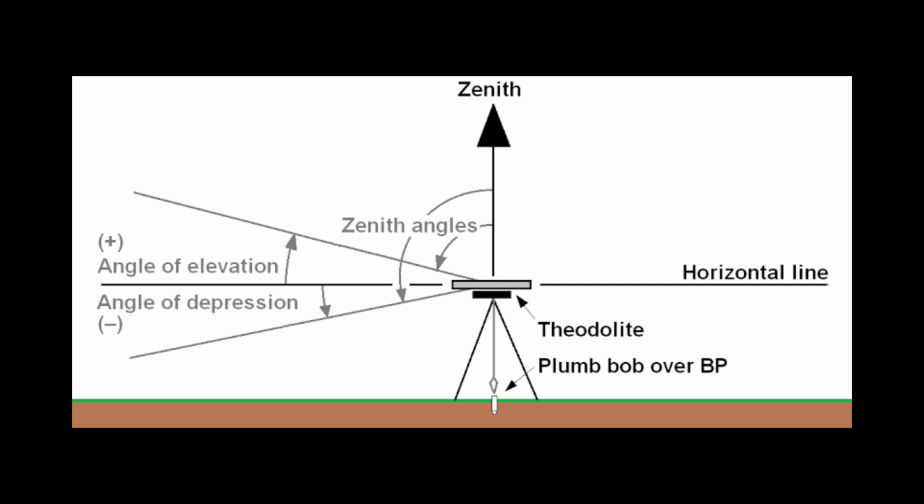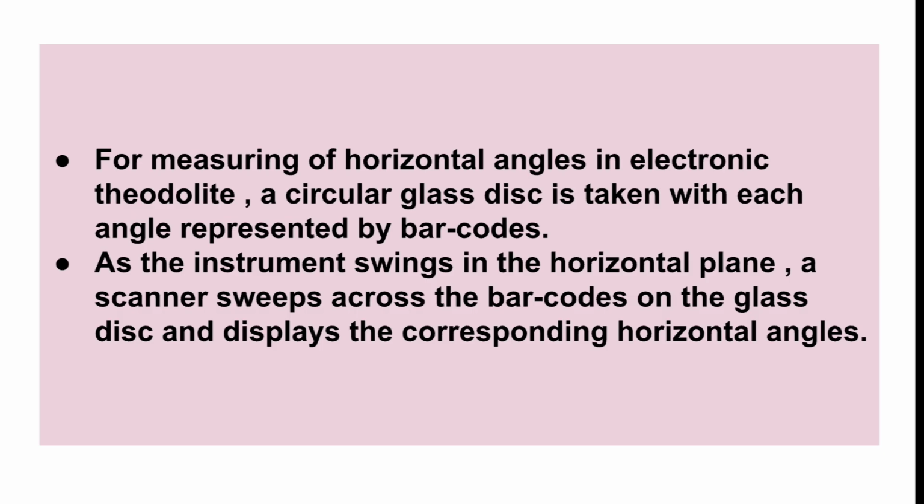Now for measuring horizontal angles in an electronic theodolite, a circular glass disc is taken with each angle represented by barcodes. As the instrument swings in the horizontal plane, a scanner sweeps across the barcode on the glass disc and displays the corresponding horizontal angle. In this way, the total station measures its horizontal angles and vertical angles.